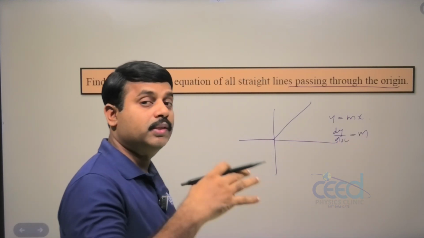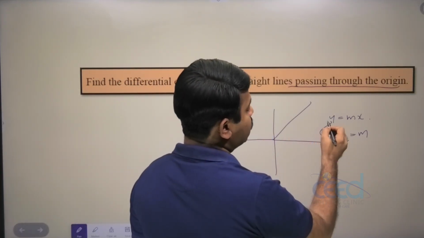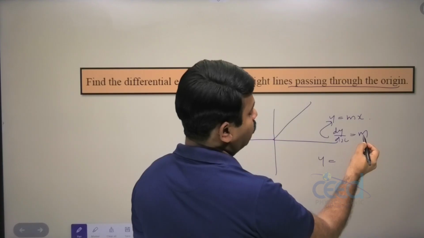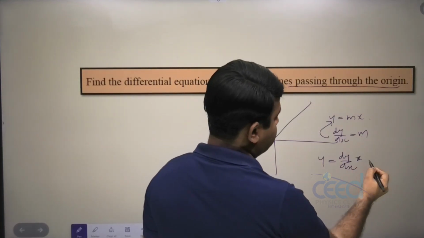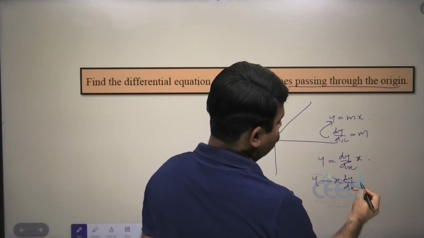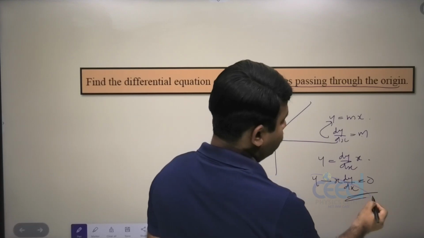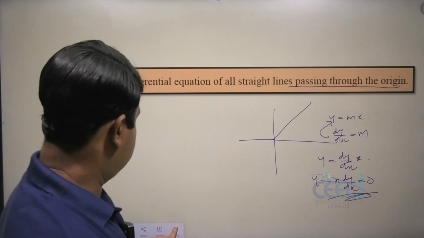One constant means you differentiate 1 time. Now this dy by dx you substitute here: y is equal to dy by dx into x. Then y minus x dy by dx is equal to 0. This is the differential equation corresponding to it.